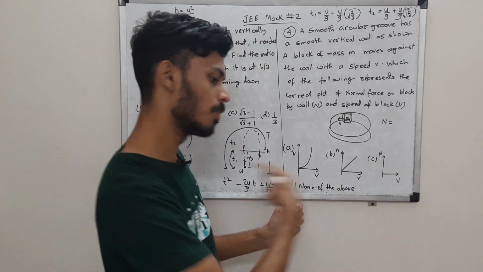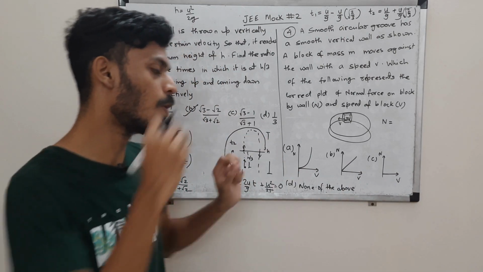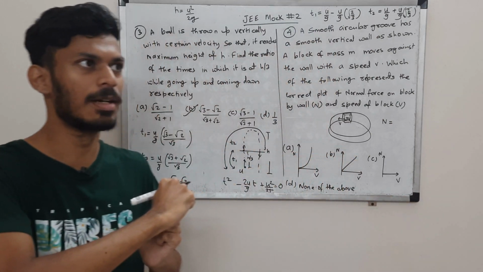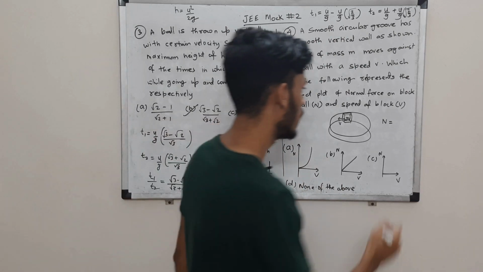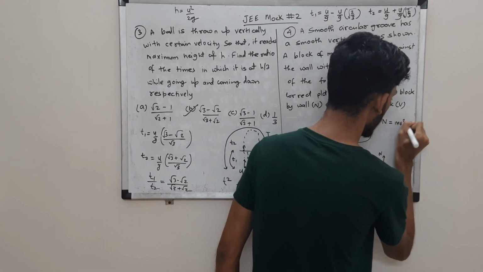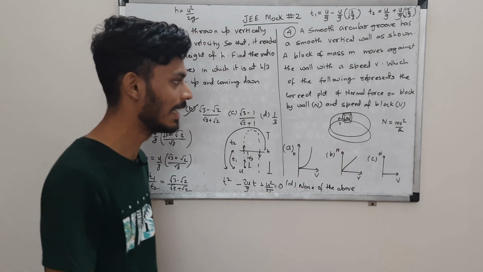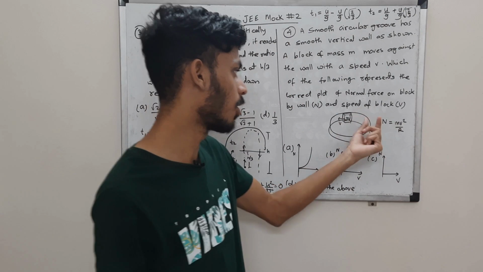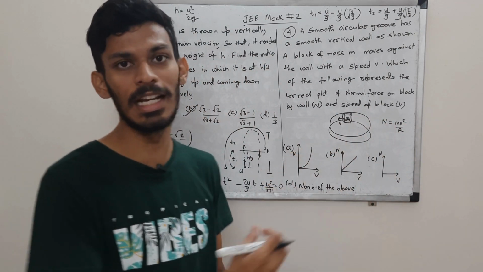You are moving the block around the rim, so if you go onto the frame of the block, it will be putting some centrifugal force on the rim. That force will be given as mv square by r, or mr omega square, or in terms of linear velocity, mv square by r. So your normal force will be equal to the centripetal force.